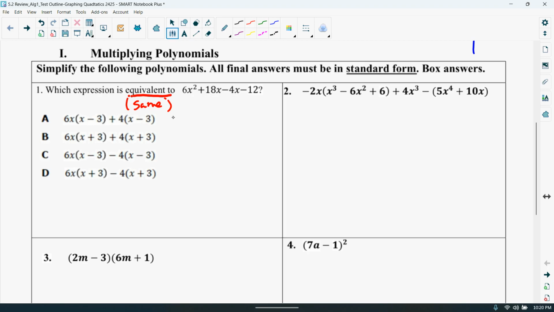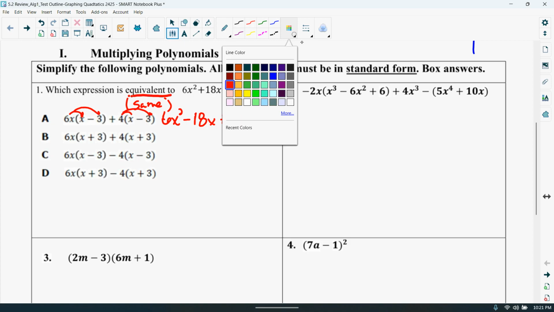In a situation like this, I would simplify each answer choice. Simplifying here means you would have to distribute and then combine like terms. If I just do the first step, distributing each term, for the first one we would get 6x squared, then minus 18x, then plus 4x, and minus 12.